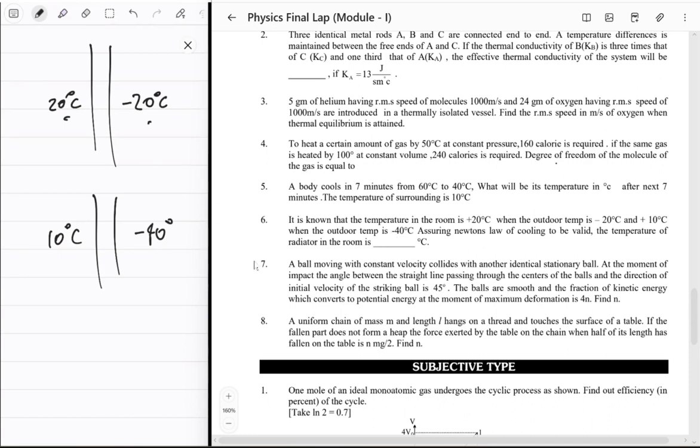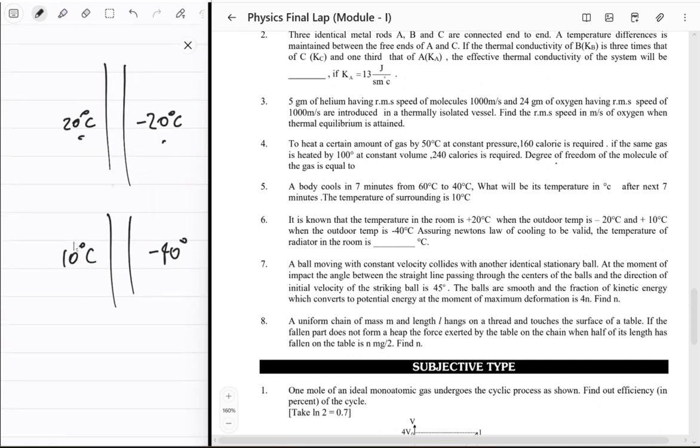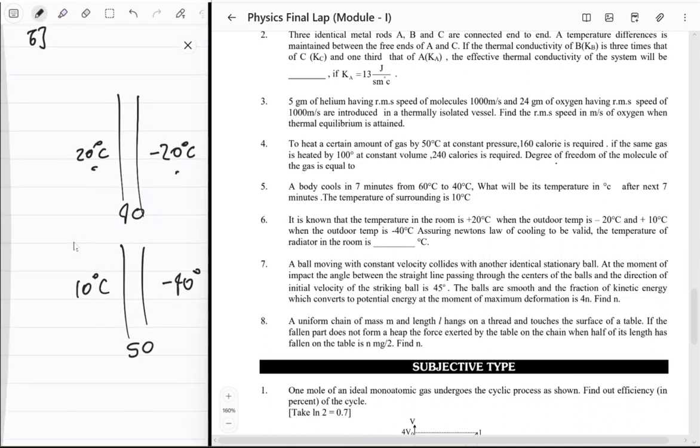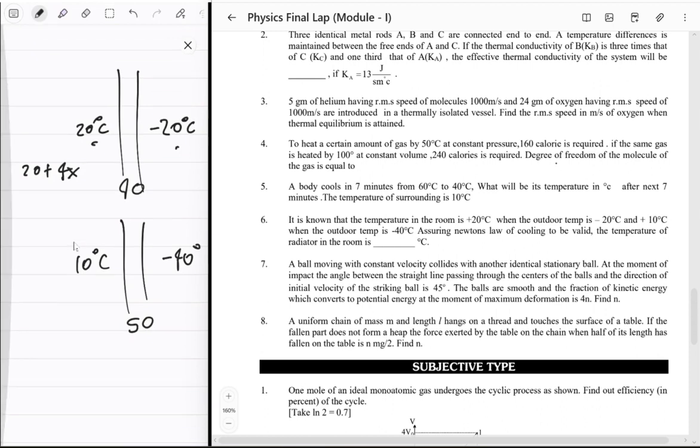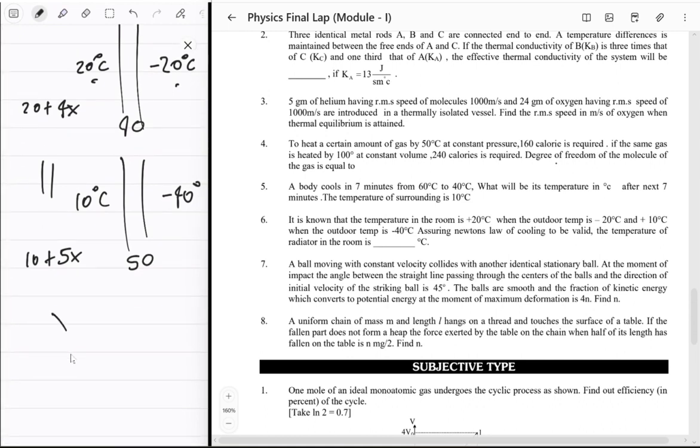Oh, okay, now I understand. Here the heat going outside is proportional to 40, and here it's proportional to 50. Suppose this was like 4x, the temperature difference is proportional to 4x, and in this case it's like 10 plus 5x, because the heat flow is the same. These two have to be equal because the radiator's temperature was the same throughout. That means x is equal to 10.